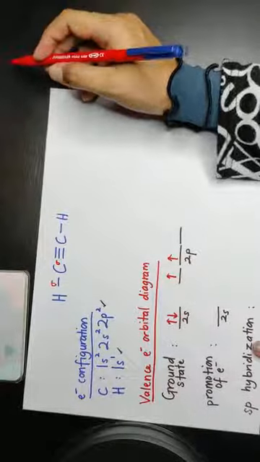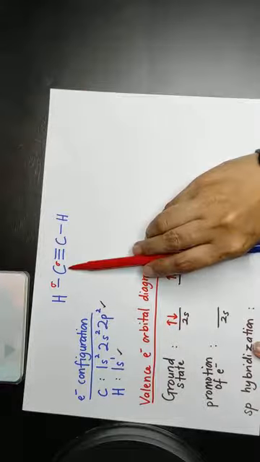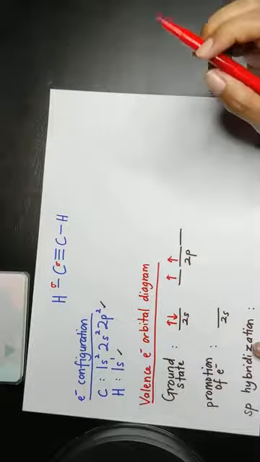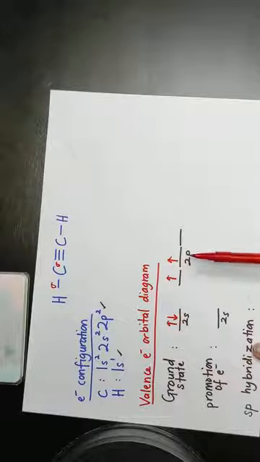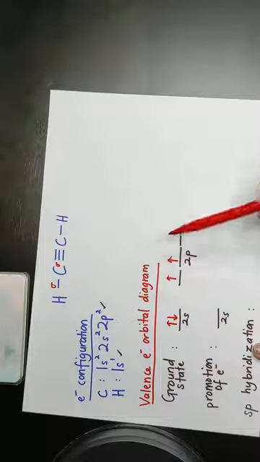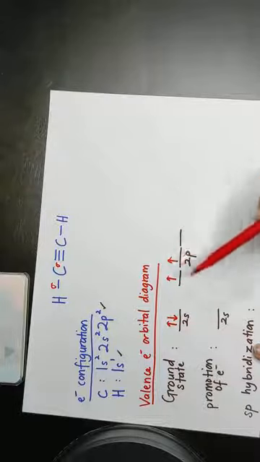So in order to form 2 sigma bonds, this carbon atom needs 2 unpaired electrons. From the valence electron orbital diagram, you can see 2 unpaired electrons are there.